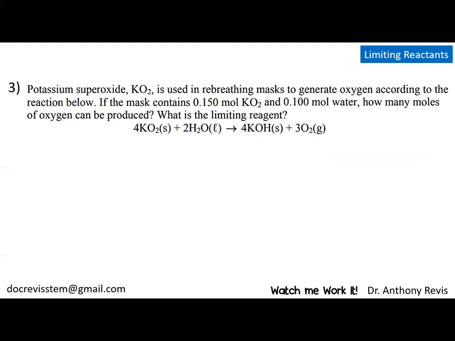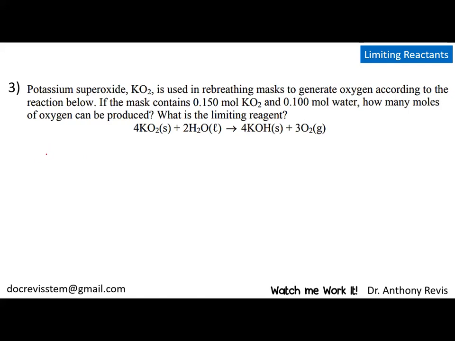If the mask contains 0.150 moles of KO2 and 0.100 moles of water, it's a very popular reaction. How many moles of oxygen can be produced? What is the limiting reagent? And we use the terms reagent and reactant interchangeably. So what's the limiting reactant here?